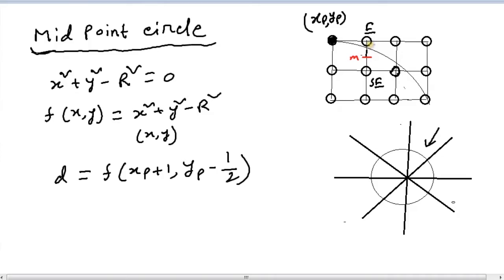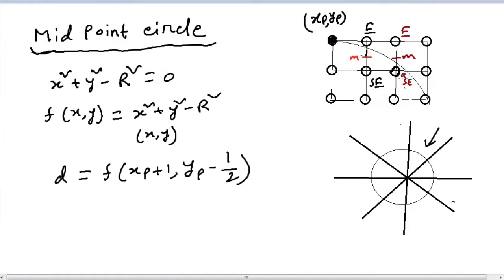Okay? Now, if we choose the pixel E, say, what will we get? Our midpoint would shift to around here. Our east pixel would shift to here, and our SE would shift to here.